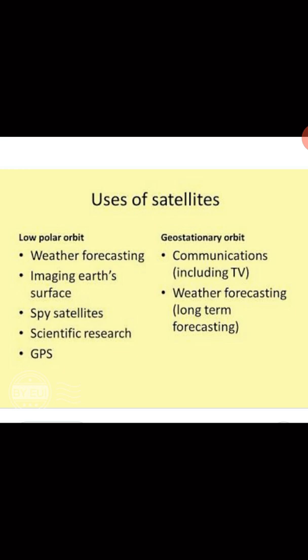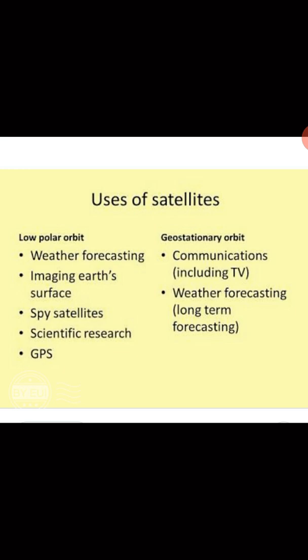Then polar satellites are also used for scientific research, to study the geographical conditions or volcanic activities of the regions, or the earthquake situation, or the study of the ocean water bodies. So everything on the earth's surface can be studied through these satellites.